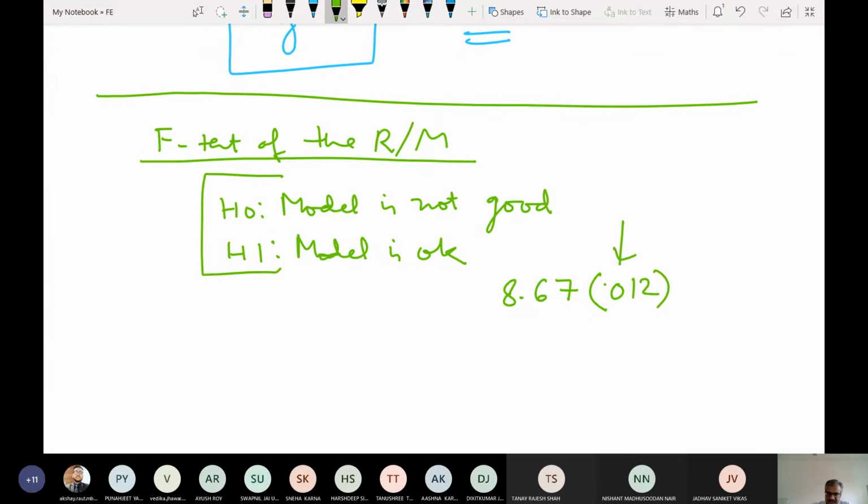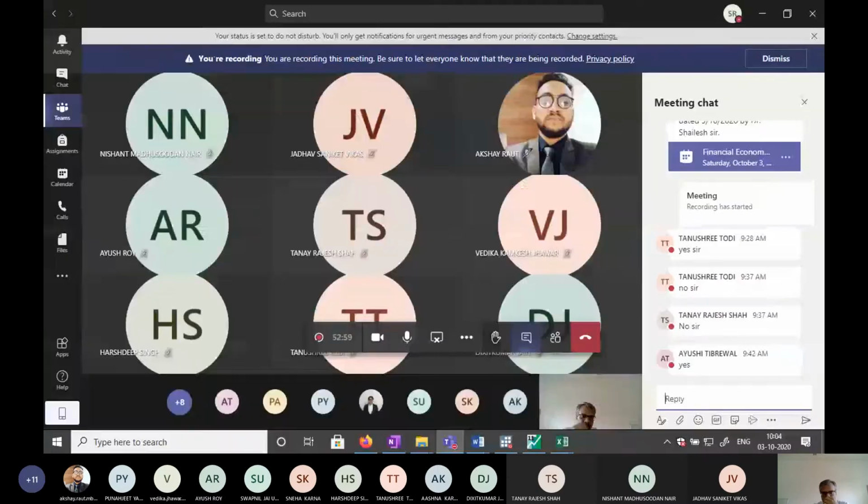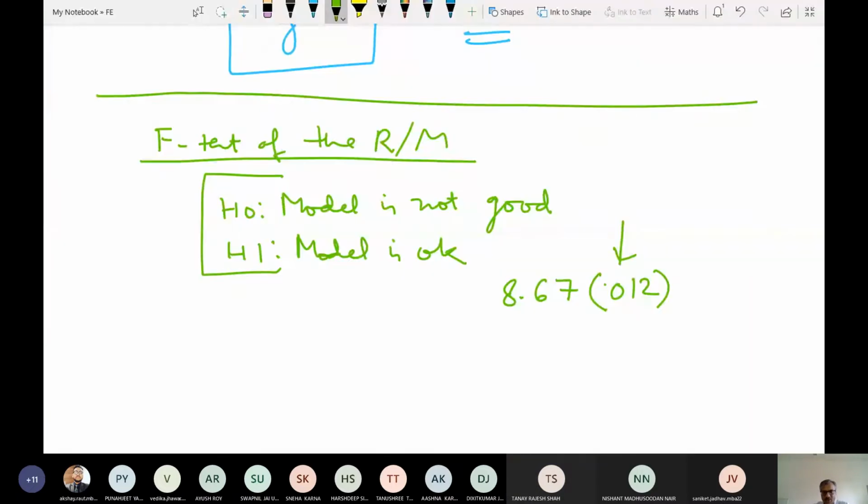My next question. This is the p-value. Class, please tell me, is this p-value more than 0.05 or less than 0.05? Take your own time, no hurry. We have got 0.012 and 0.050.